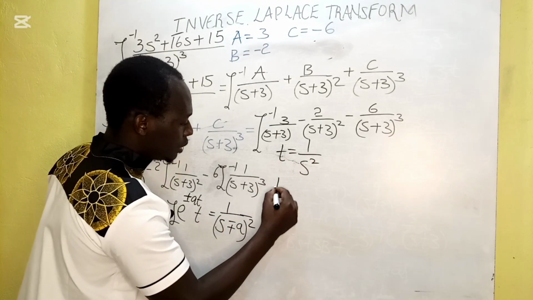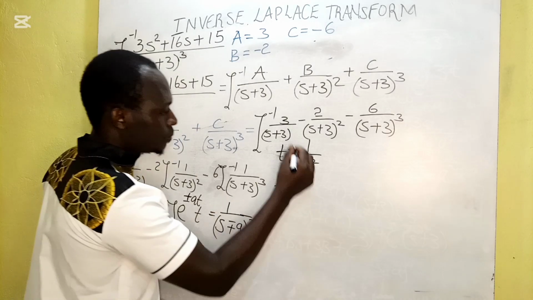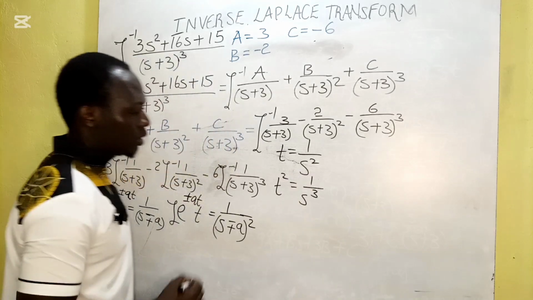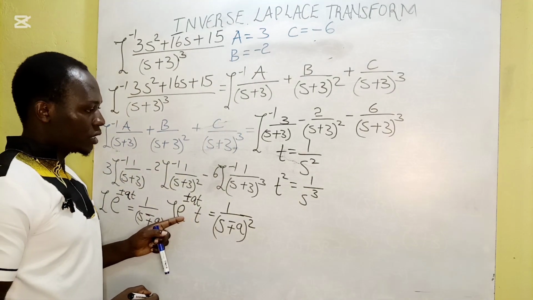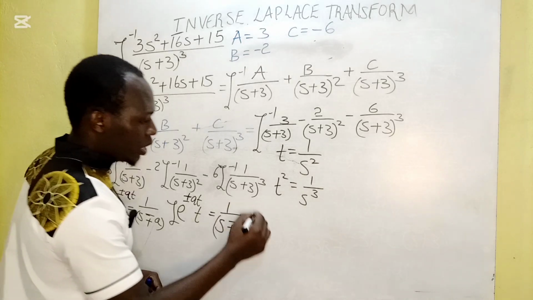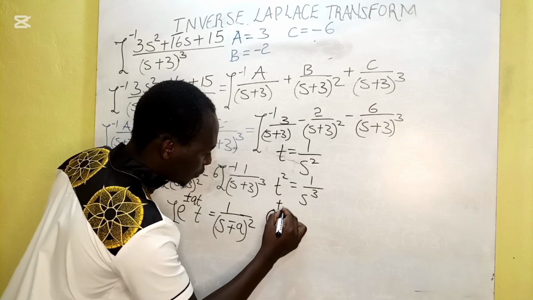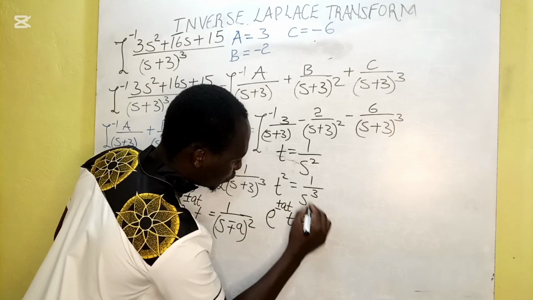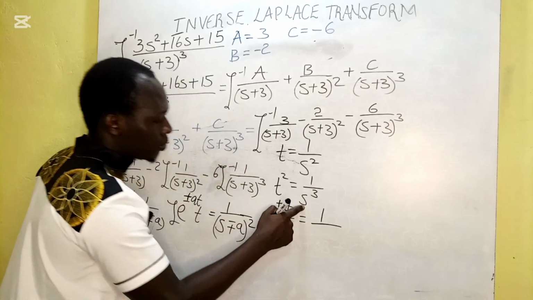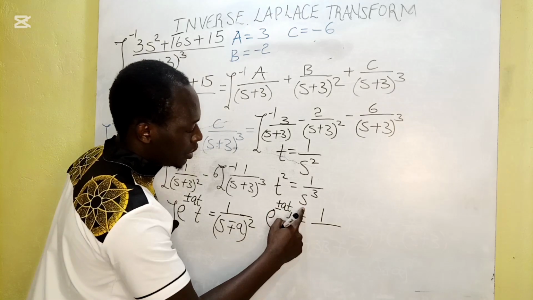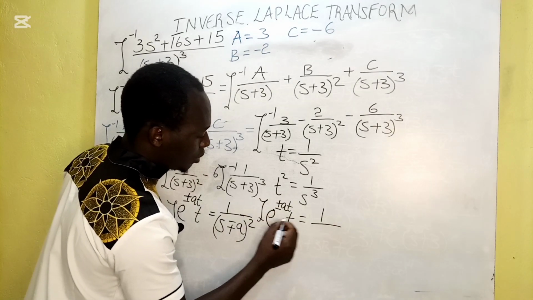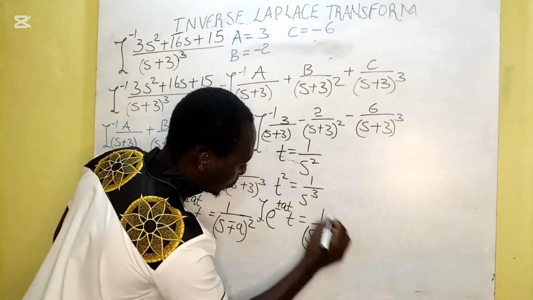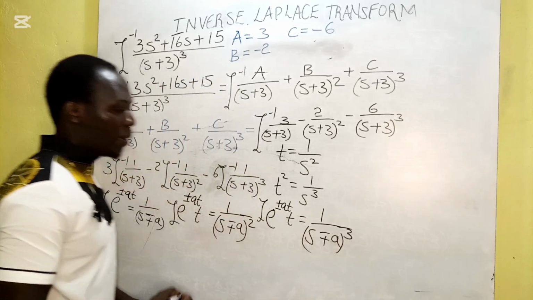How about now when it is cubed? We understand that t squared is going to be equal to 1 all over s to the power of 3. When we are using the first shift theorem, we understand that exponential positive or negative at is going to be equal to 1 all over the term of s, which must be shifted here using the first shift theorem, and we are going to have s negative or positive of a, but the term of s was raised to a power of 3.